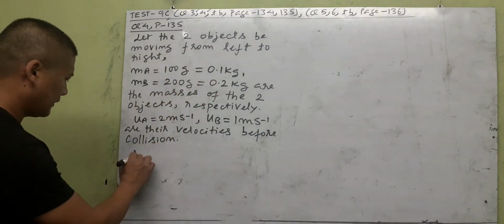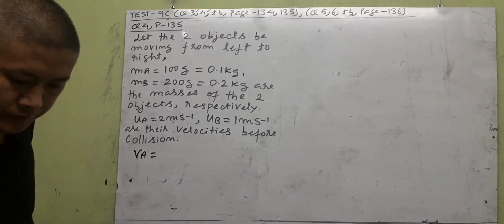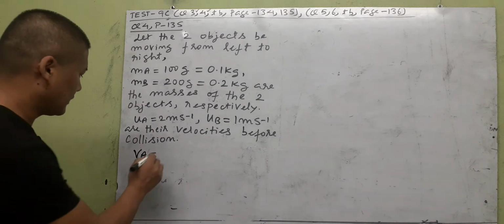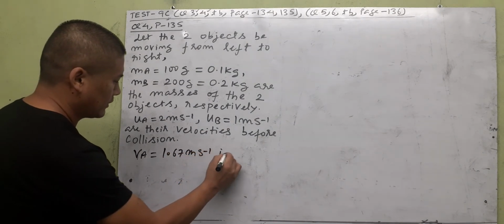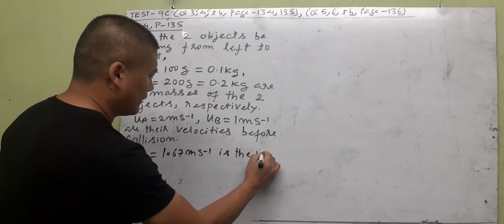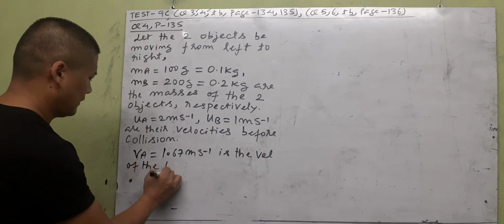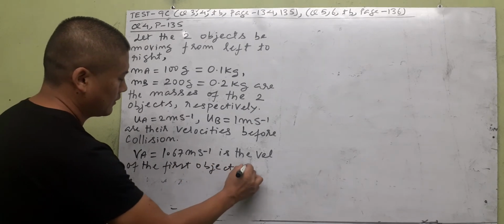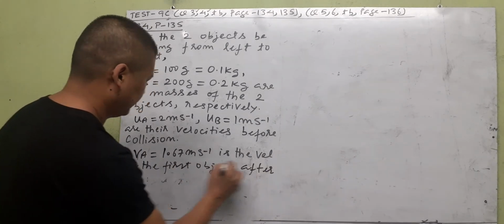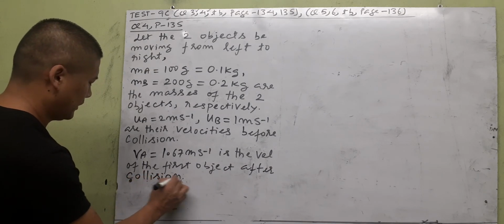Then V, after colliding, the first object moves 1.67 meter per second. That is the velocity of the first object after collision.